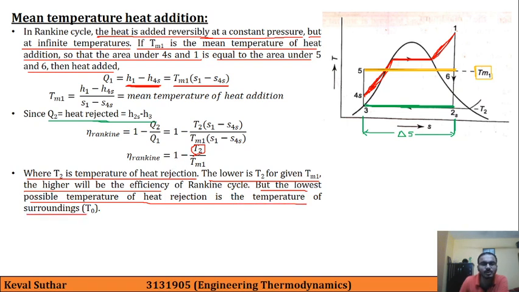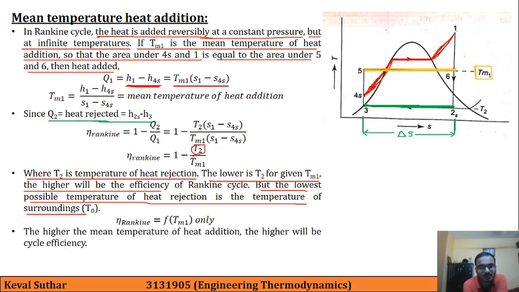So there is a limit on T2. So now Rankine cycle is now function of mean temperature of heat addition only. The higher the mean temperature of heat addition, the higher will be the efficiency, because it is on the negative and in the denominator. So higher the value of Tm1, the greater the value of eta Rankine.